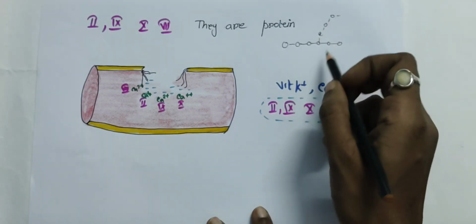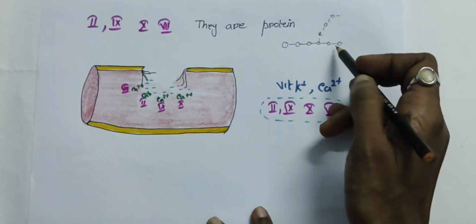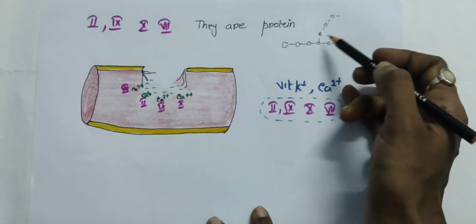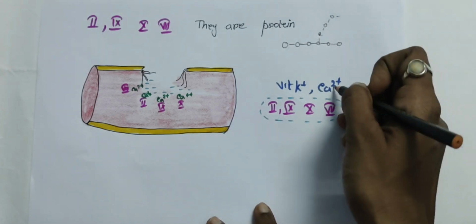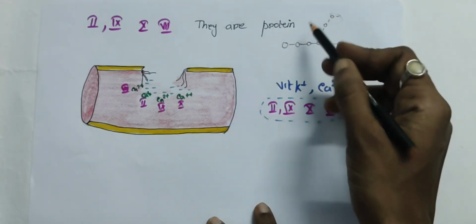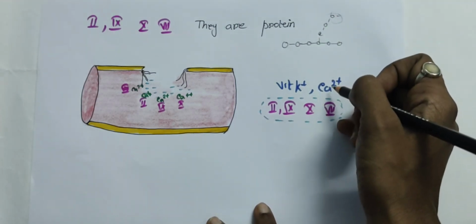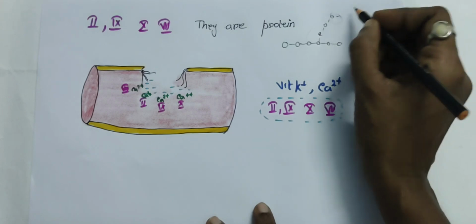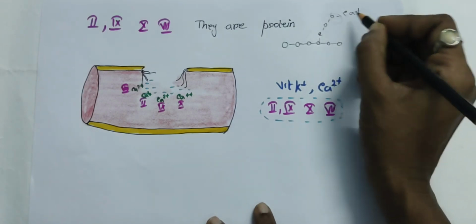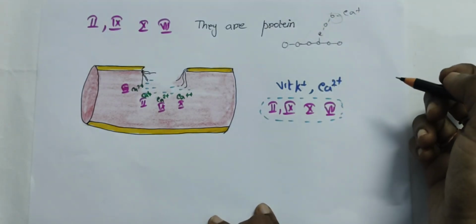But why does vitamin K form this type of structure? They form that kind of structure so that calcium can attach to the factors. As calcium is positive and here is a negative, calcium comes and attaches to this factor.